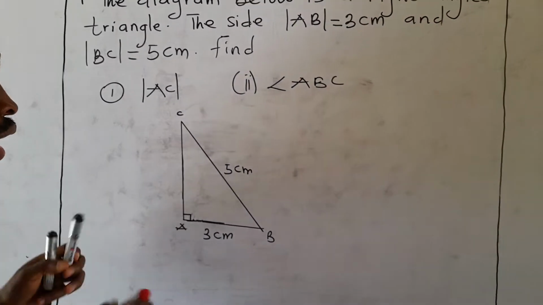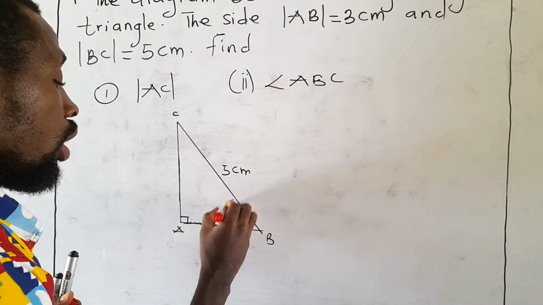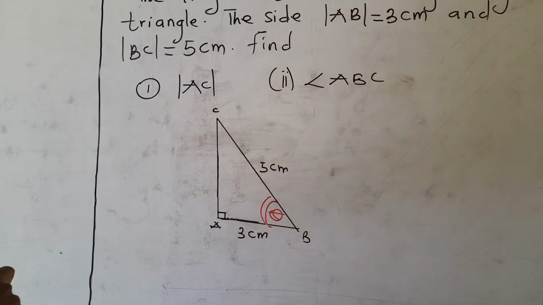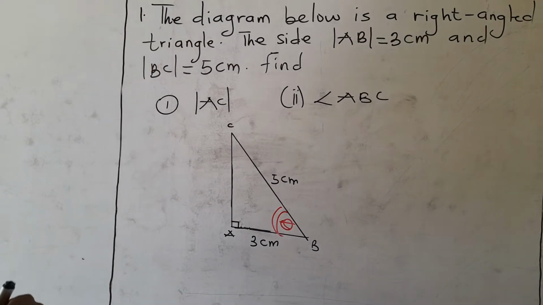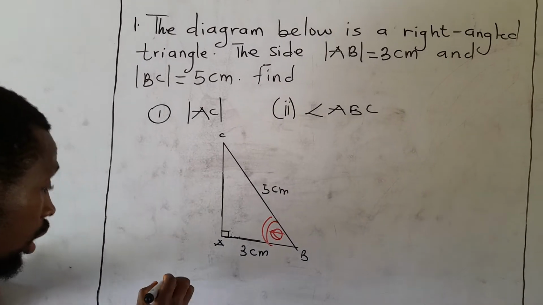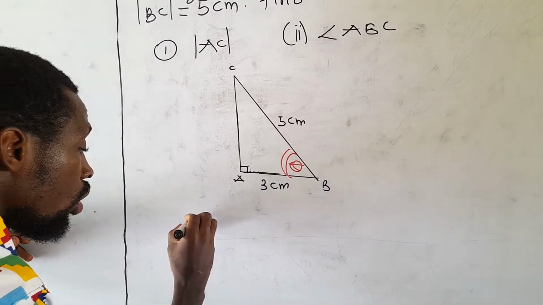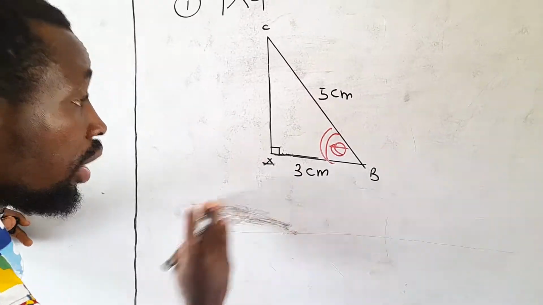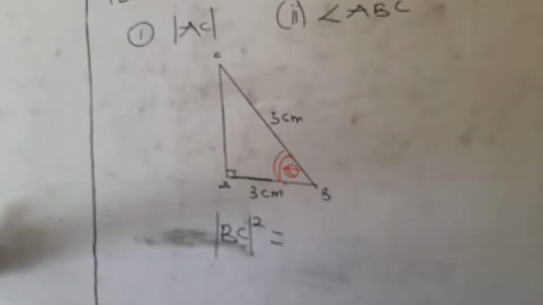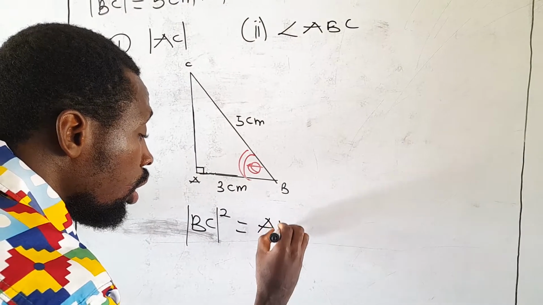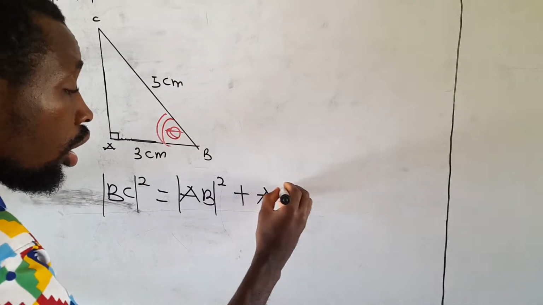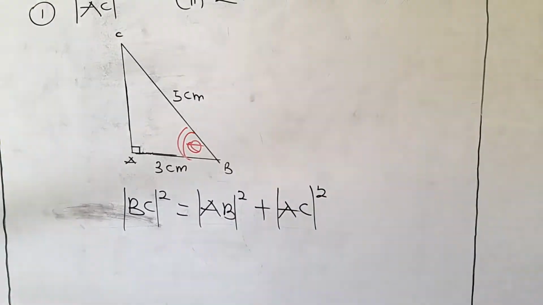The angle here is what they are asking us to find, so let's call that angle theta. How do we find AC? Remember from Pythagoras' theorem, where trigonometry took its foundation, the longest side, BC square, will be equal to AB square plus AC square.